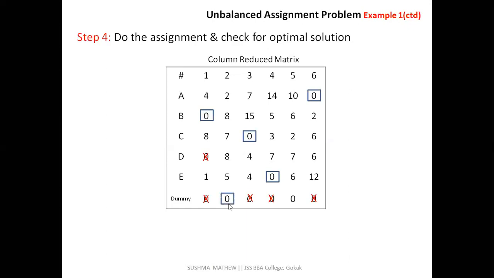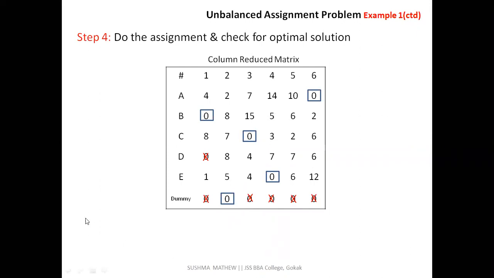When I do that assignment, in that subsequent row, I need to check whether there are any zeros. Again, there is a zero which is unassigned. So that means we have to cross mark that. So this particular job is not going to go to anybody else. That has been occupied.